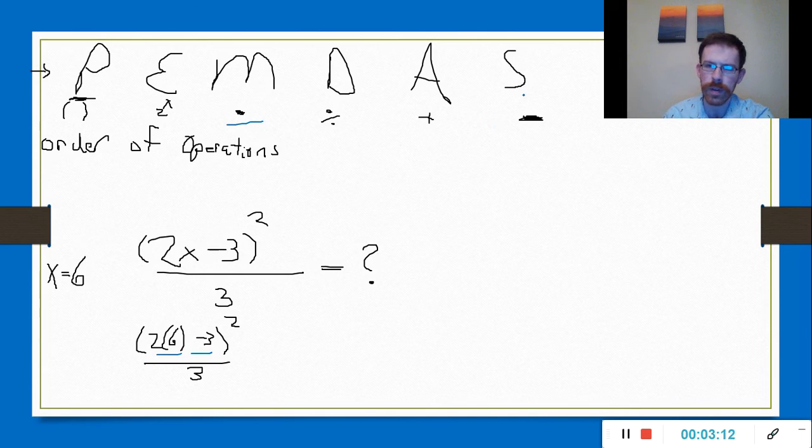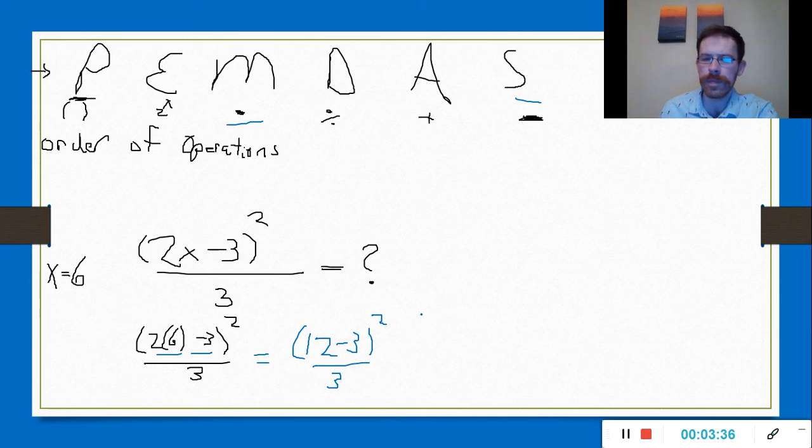Multiplication happens before subtraction. So the operation we have to take care of within the parentheses is 2 times 6, because multiplication happens before subtraction. So that means this is equal to 12 minus 3, squared, divided by 3.